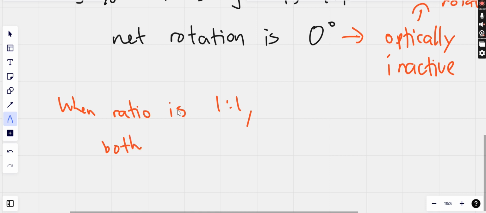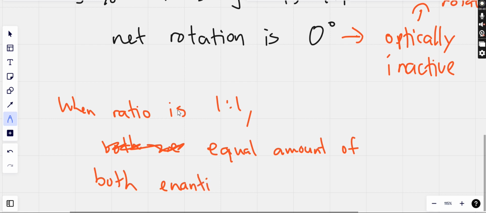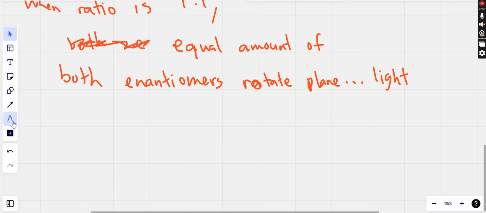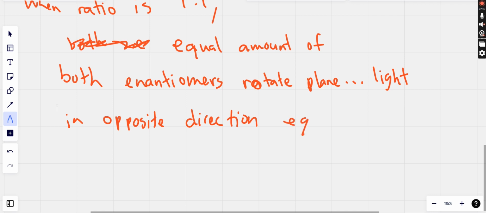equal amounts of both enantiomers rotate plane polarized light, I'm just taking a shortcut here, but it should be polarized, in opposite directions, equally.